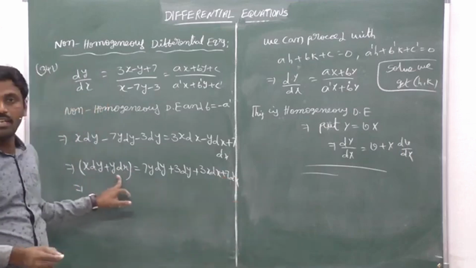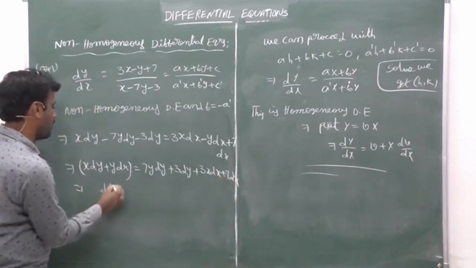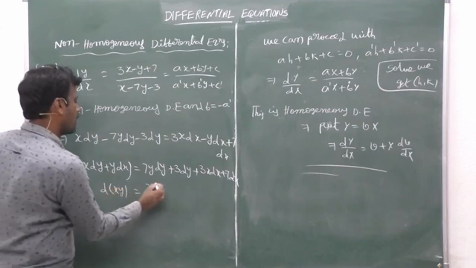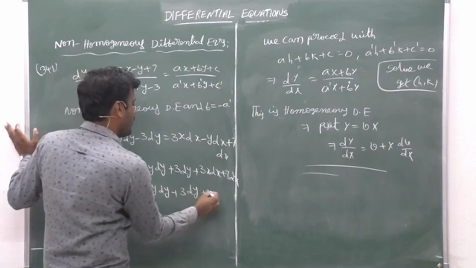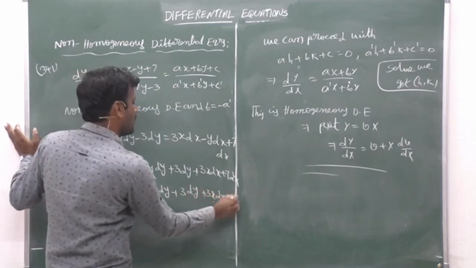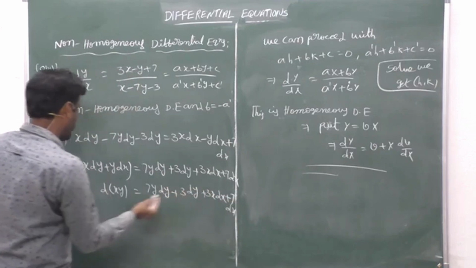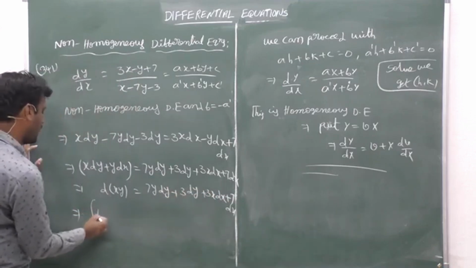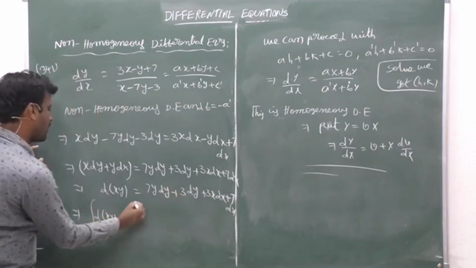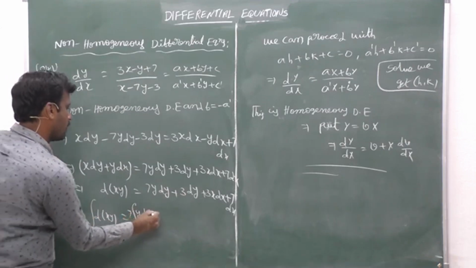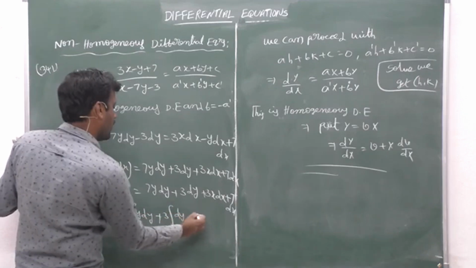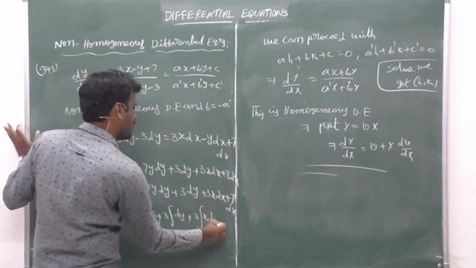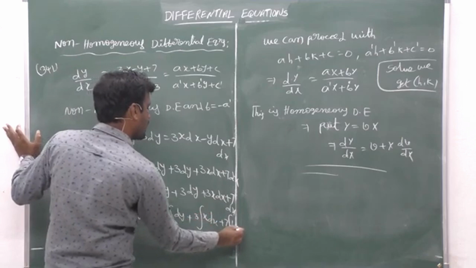u into v dash, v into u dash, that is d of xy equal to 7y dy plus 3 dy plus 3x dx plus 7 dx. Integrating on both sides, integral d of xy, integral 7y dy, integral 3 dy, integral 3x dx, integral 7 dx.